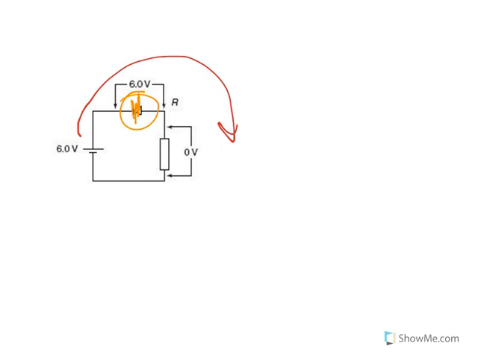So what actually happens is that the whole 6 volts at the battery all gets used up here, so there's nothing left for the resistor, and our current is effectively equal to 0 amps.